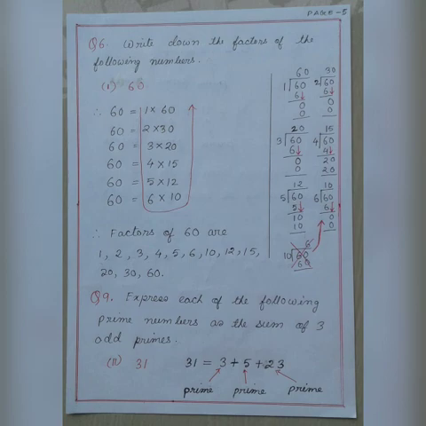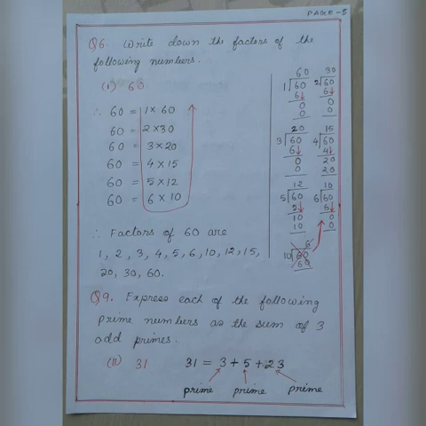When I divide 60 by 2, I get 30. When I divide 60 by 3, I get 20. When I divide 60 by 4, I get 15.